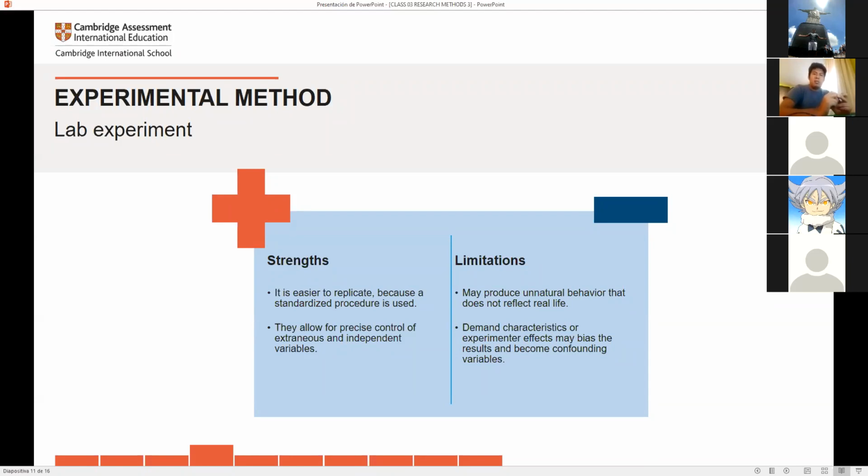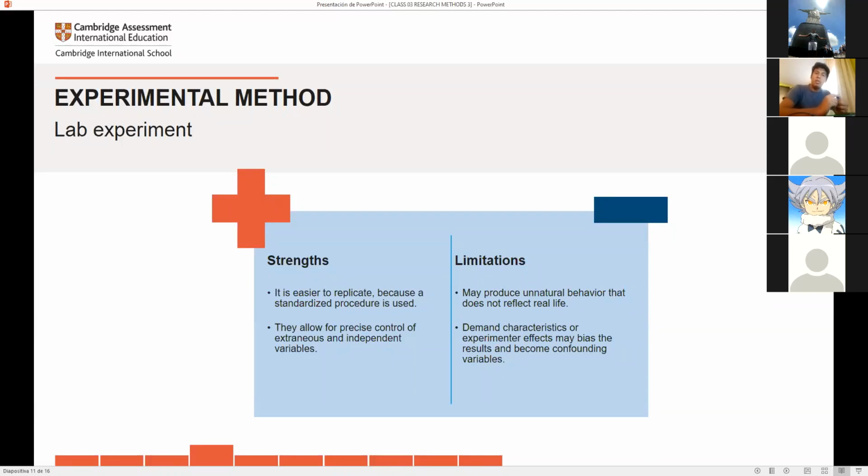Because in this particular case of the lab experiment of Loftus and Palmer, they needed the statistics, the quantitative data. So this experiment made the researchers able to control most of the variables that there were, but they have some limitations as well.